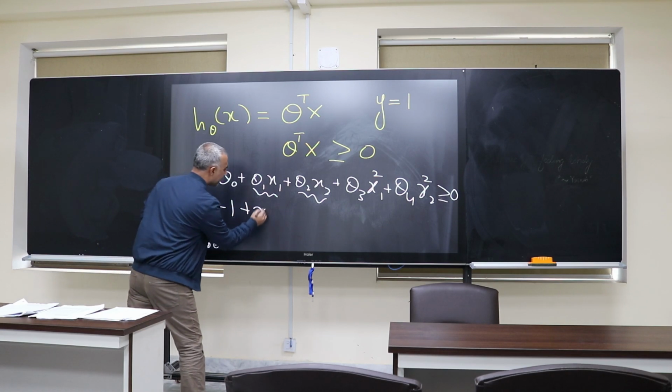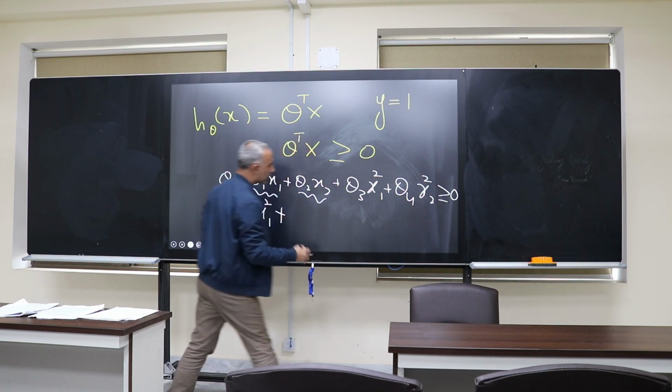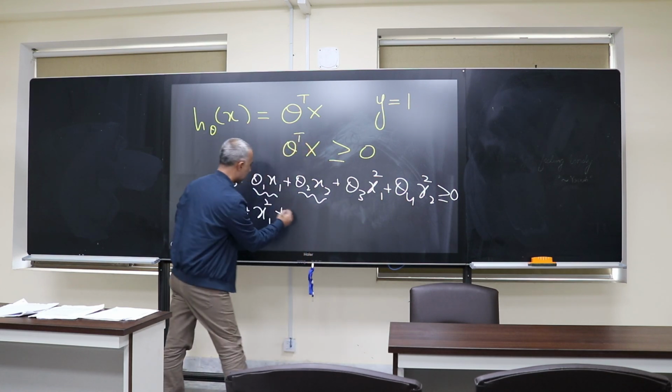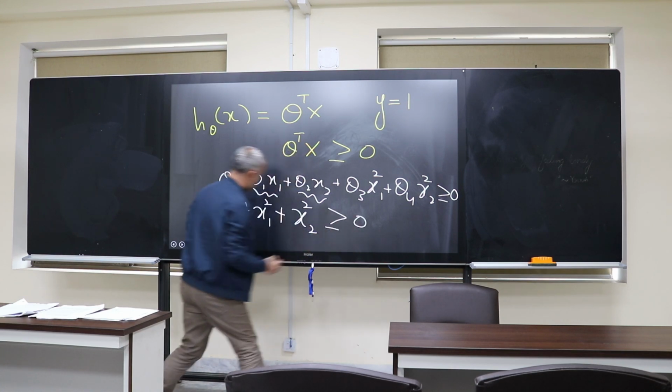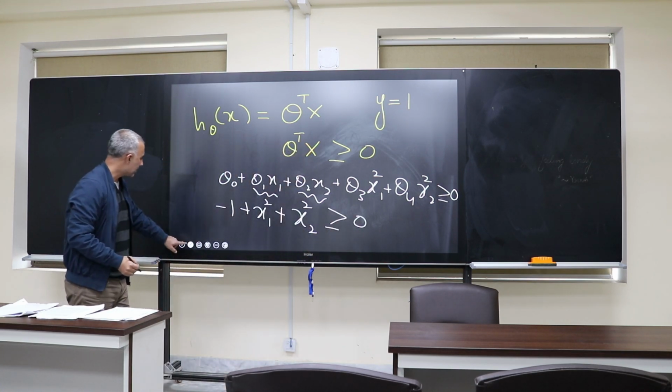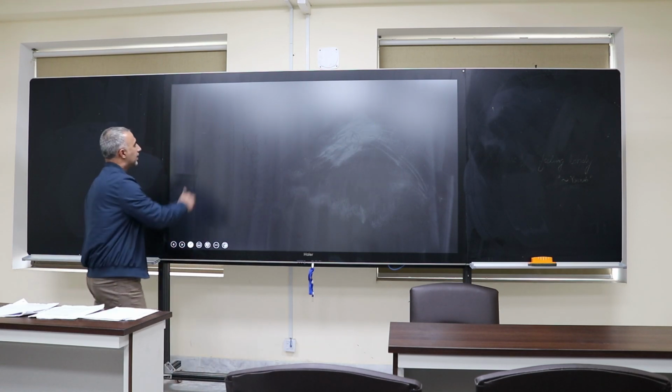So we will write, and theta 4 is also 1, so this becomes, so we are getting this equation. By simplifying further, this negative will go on the other side.